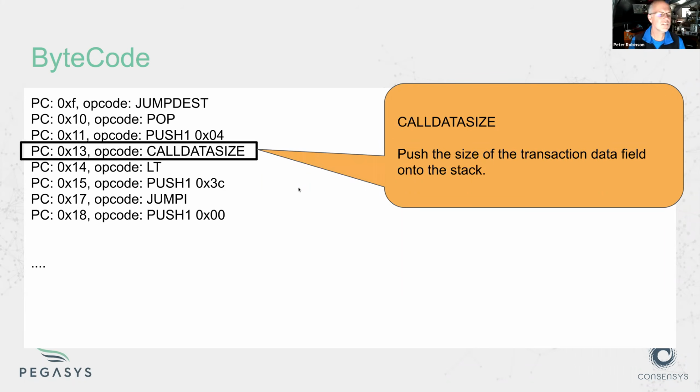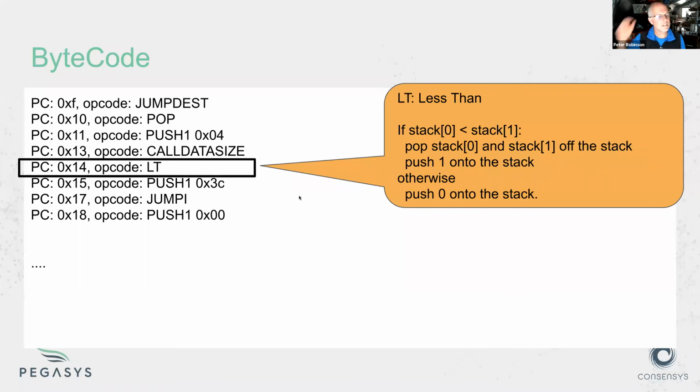CallData size is an opcode that tells you the size of the transaction data field. And less than is going to tell you whether stack 0 is less than stack 1. It's going to pop the values off and then push 1 onto the stack if they're less than, or 0 otherwise.